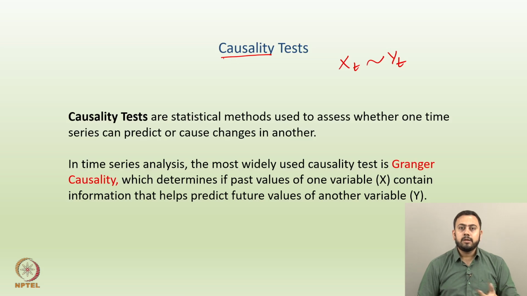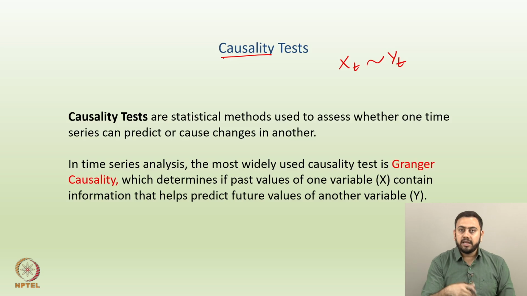I am pretty sure that many of you might have heard this very famous statement in almost all the statistical courses on regression and so on, that regression or correlation does not imply causation. Even if you have high correlation between xt and yt, one can't say that xt causes yt or that yt causes xt.